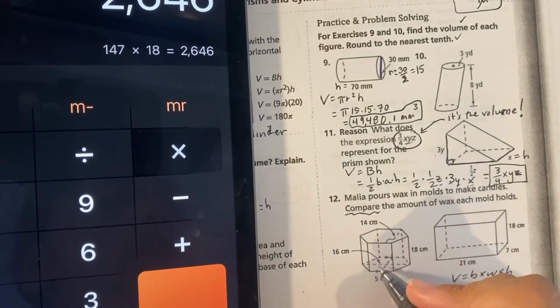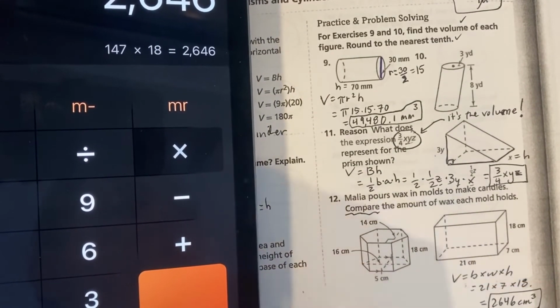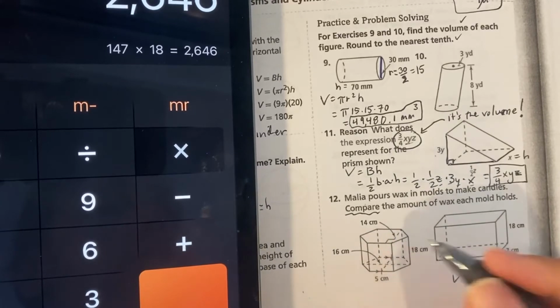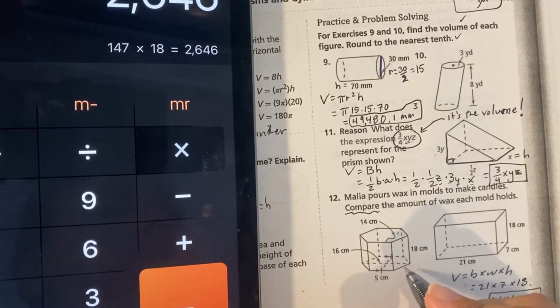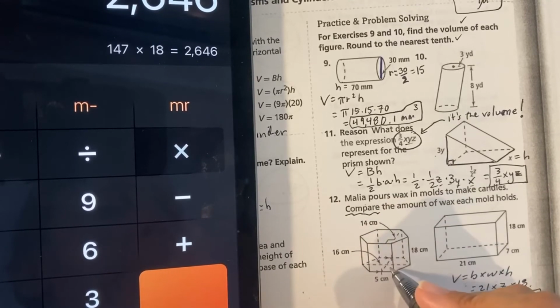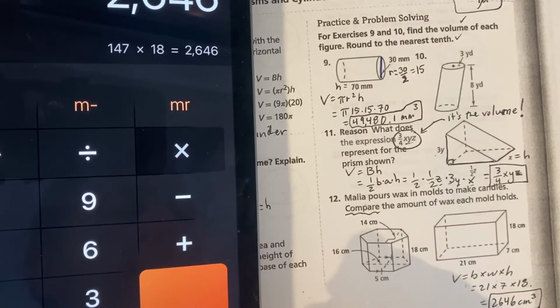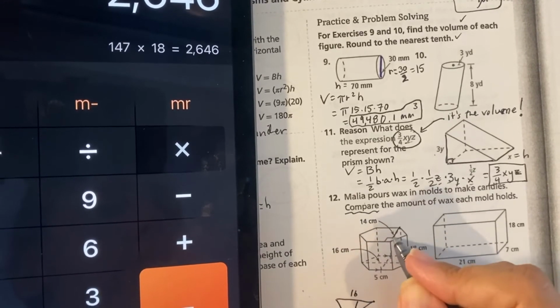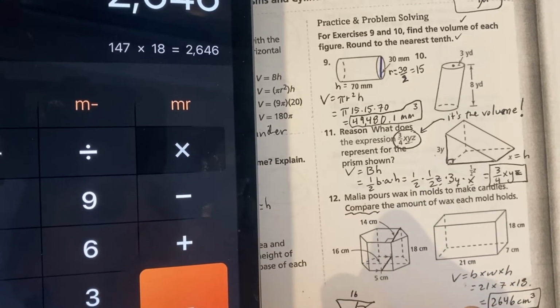And then this shape, which is a very interesting shape, isn't it? It looks like a hexagon. I don't know if it's a regular hexagon. It definitely is a trapezoid. So it's a trapezoid that's 5, 16, and an altitude says it's 14, so that would be 7.